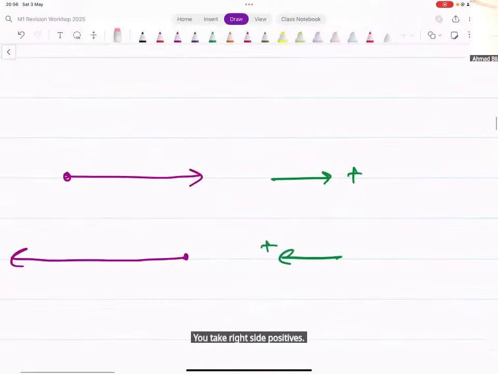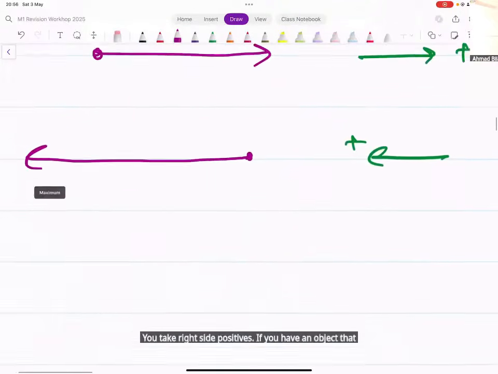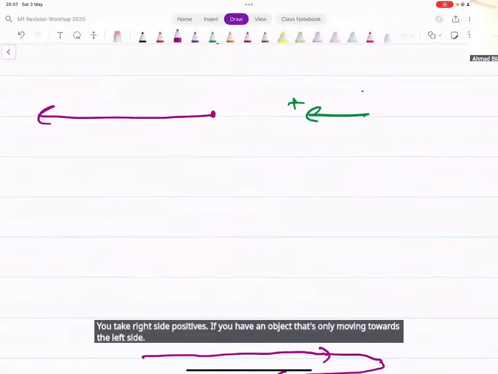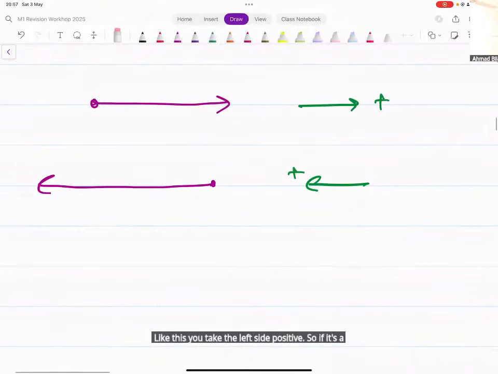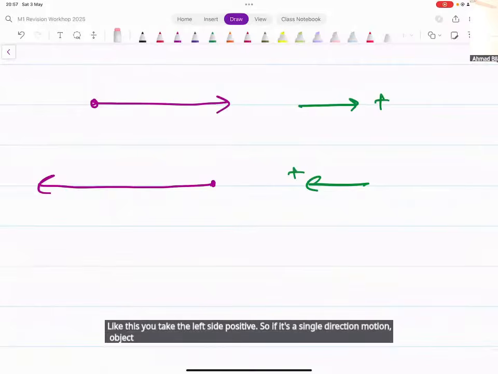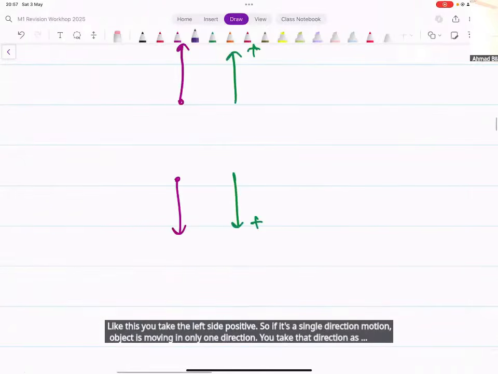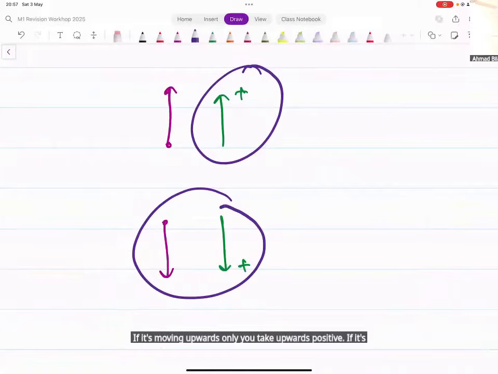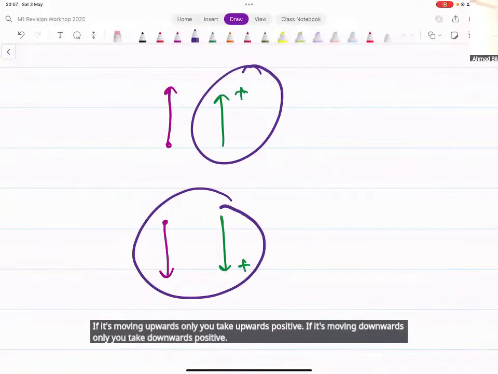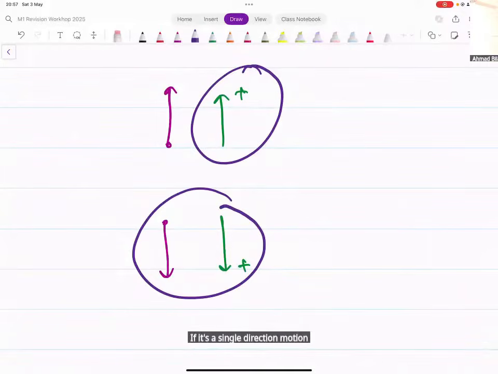If you have an object that's only moving towards the left side, you take the left side positive. So if it's a single direction motion, you take that direction as positive. If it's moving upwards only, you take upwards positive. If it's moving downwards only, you take downwards positive.